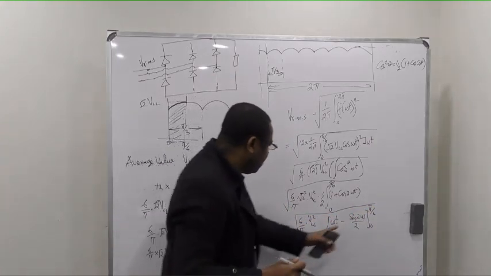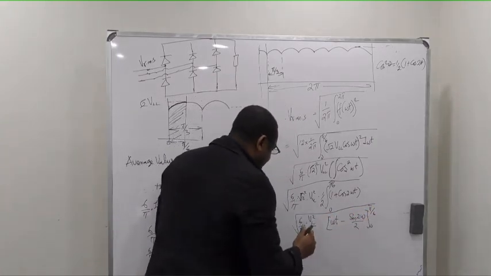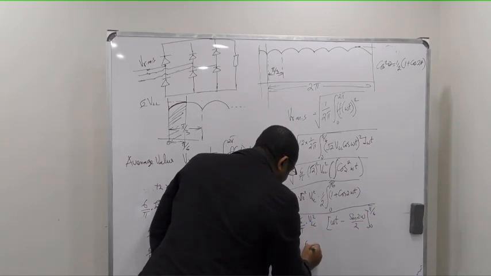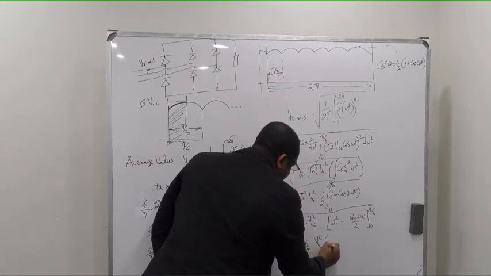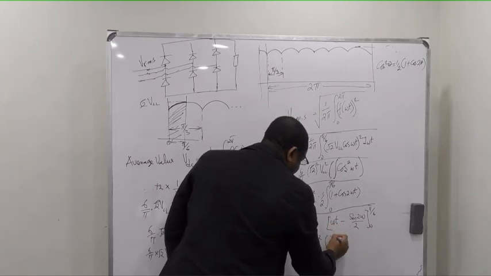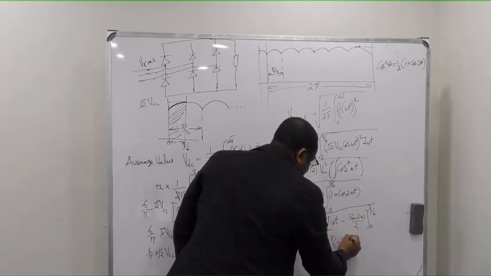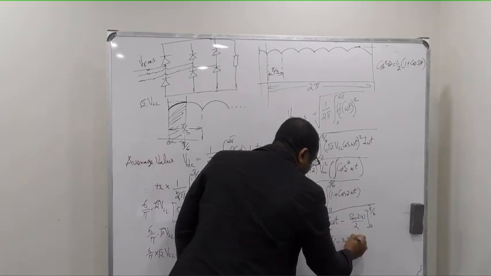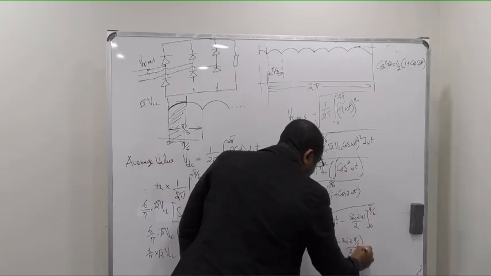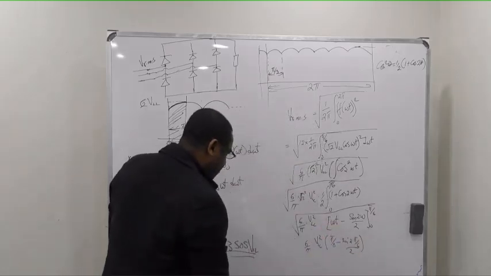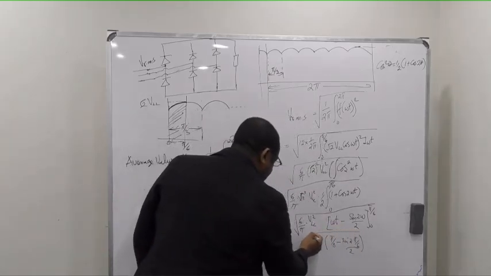Now let us put the values here, so that here we have 6 over pi by VLL squared into pi over 6 minus sine 2 by pi over 6 all over 2. Then you find the square root.